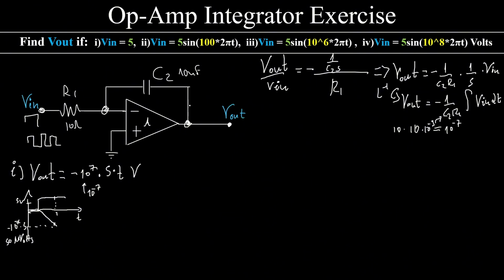Now let's go ahead to the second signal, which is what? A sinusoidal wave. So V out will be equal to 10 to the power of 7. Okay? Has a minus in front, but how much is the integral of the sine? It's minus cosine, so this minus becomes a plus times 5 cosine 100 pi t.